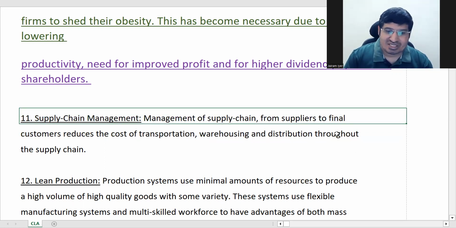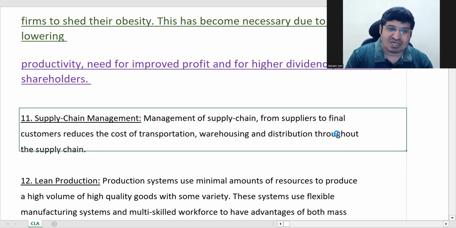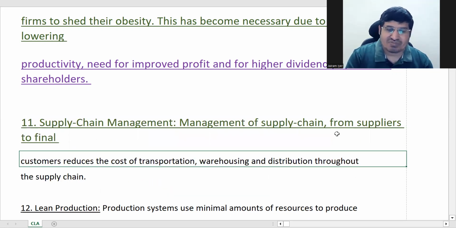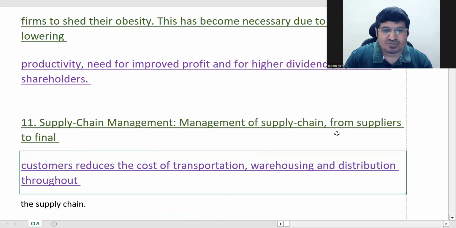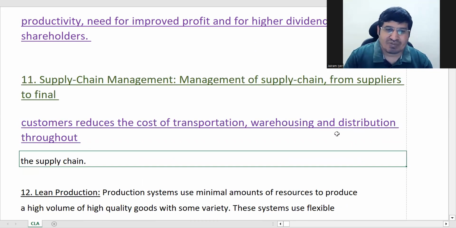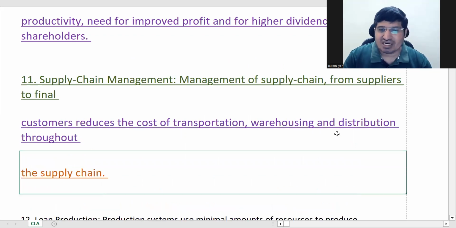So you have to manage the entire supply chain properly, and invest in such a way that you can reduce your transport cost. Supply chain management is also something which all big companies do. They have a separate department for it, and because of supply chain management, lots of costs are reduced as well.